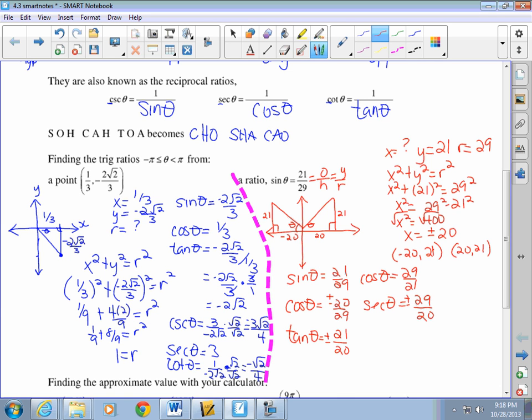So my cotangent then is the reciprocal of that, so it's going to be plus or minus 20 over 21. So if I were to write these out each individually, I would have 1, 2, 3, 4, 5, 6, 7, 8, 9, 10 solutions that I need for that particular problem.